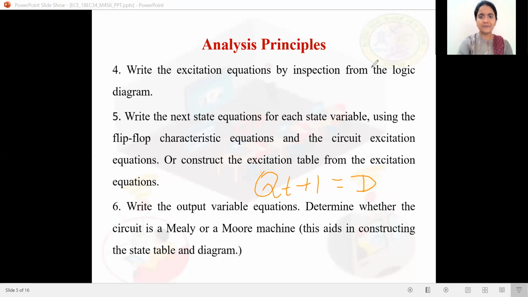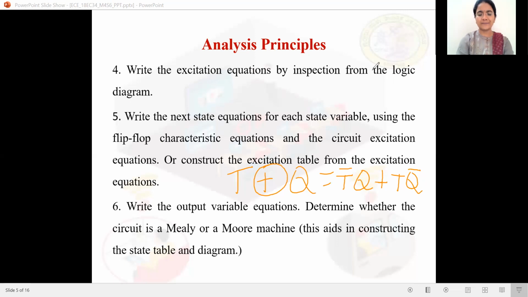Next, for the T flip-flop, the characteristic equation is T XOR Q, which is nothing but T'Q + TQ'.